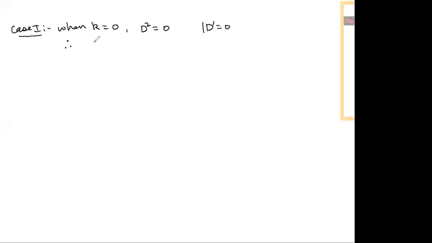Therefore, this complementary function will be c1 plus c2x. I told you, instead of complementary function, here we will write capital X, and here it will be capital T is equal to c3 only, e to the power 0t. Here it is e to the power 0x.